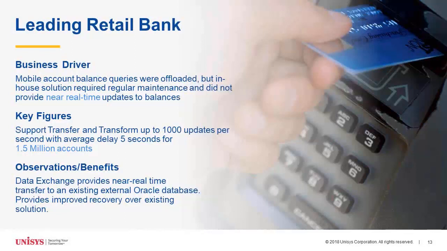Now, with Data Exchange, they can transform and transfer up to 1,000 updates per second with an average delay of 5 seconds for 1.5 million accounts. This was a scale that was not possible previously. We found that Data Exchange provides them not only near real-time transfers, but also improves their recovery time over their existing solution.